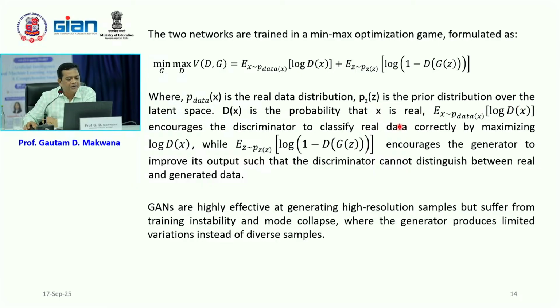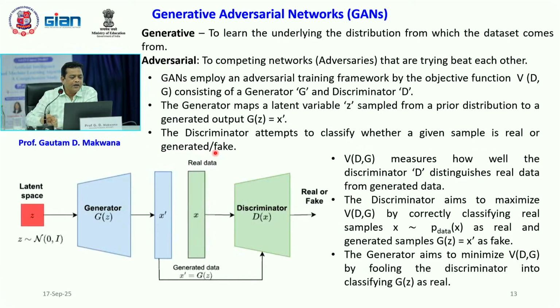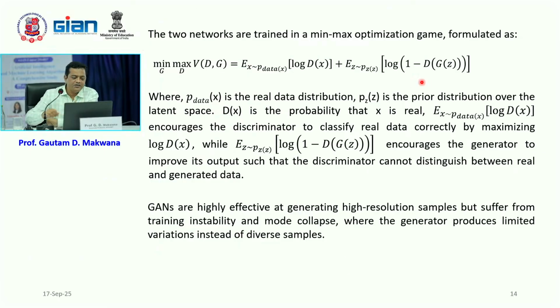D of X is the probability that X is real, and the expectation over X from P data of X of log D of X encourages the discriminator to classify the real data correctly by maximizing log D of X, while the expectation over Z is given by this part. It encourages the generator to improve its output such that the discriminator cannot distinguish between the real and generated data. This is the structure, a generative adversarial network, that is used in generative AI.